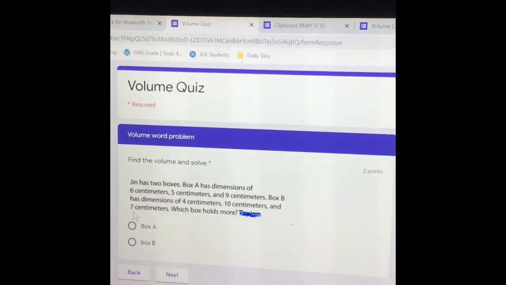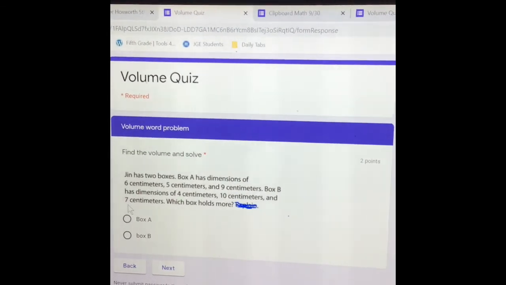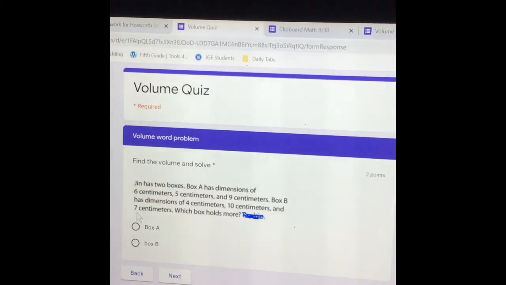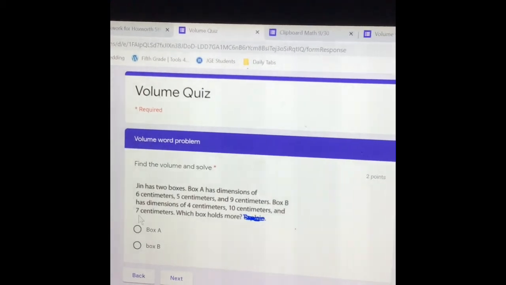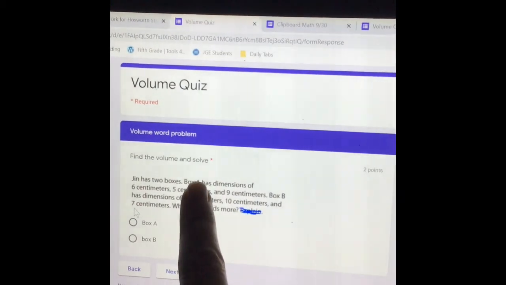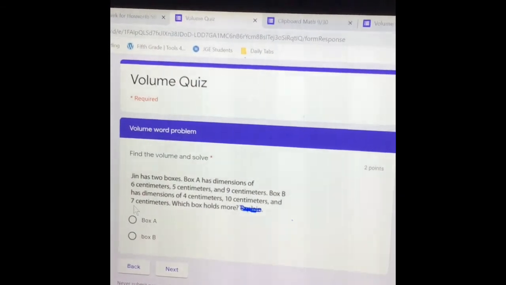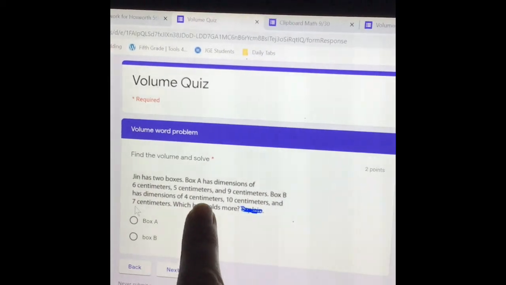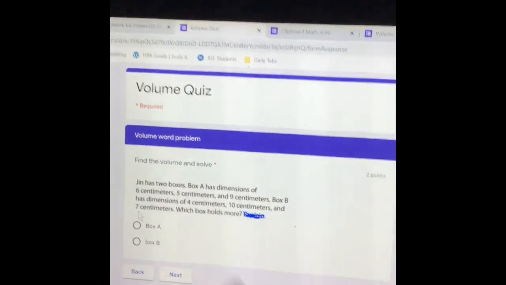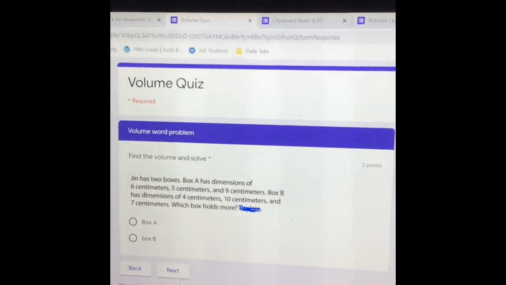Go ahead and solve and find the volume for box B. The question says, which box holds more? So 3 steps. Step 1, find the volume for box A. Step 2, find the volume for box B. Step 3, which box holds more?